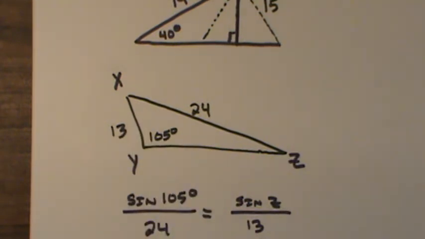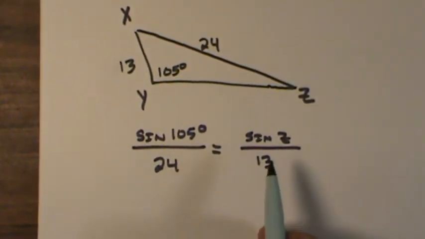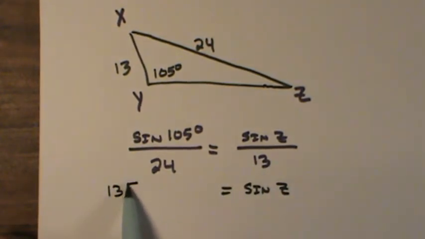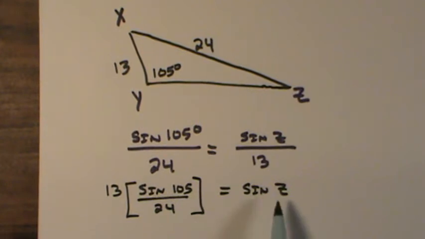Now to solve this, we had talked about this briefly, and so I definitely want to take my time and explain this to you. I want to solve for sine Z. Sine Z equals, I can simply bring that 13 up. So it'd be 13 times sine 105 over 24. But that won't be the angle Z, it would be the sine of angle Z. So I will have to then undo the sine. To undo the sine, I will arc sine both sides.